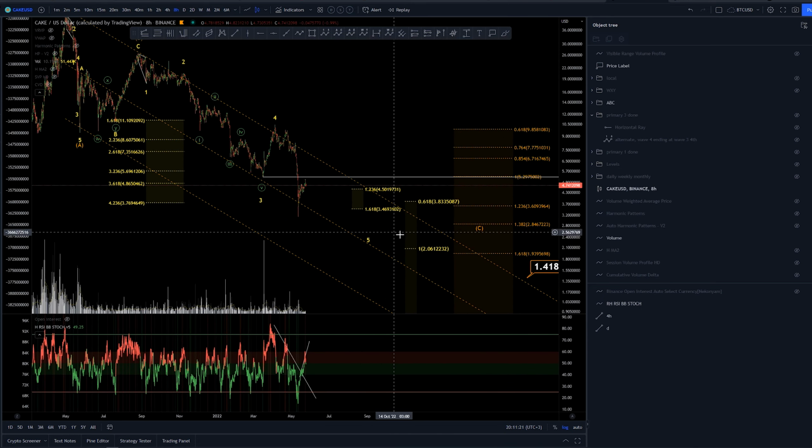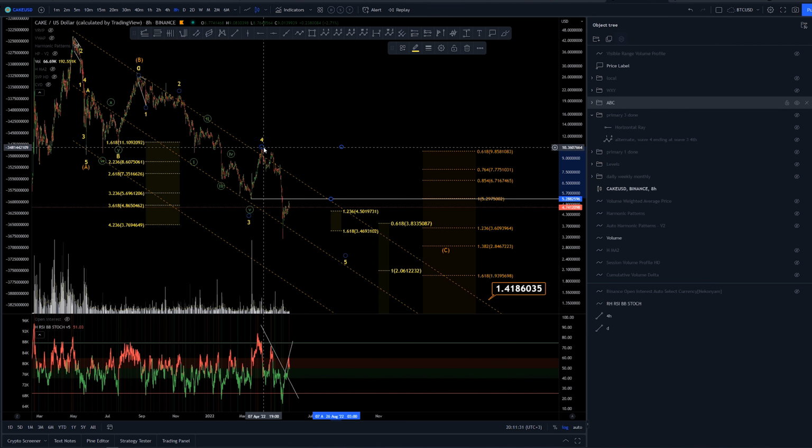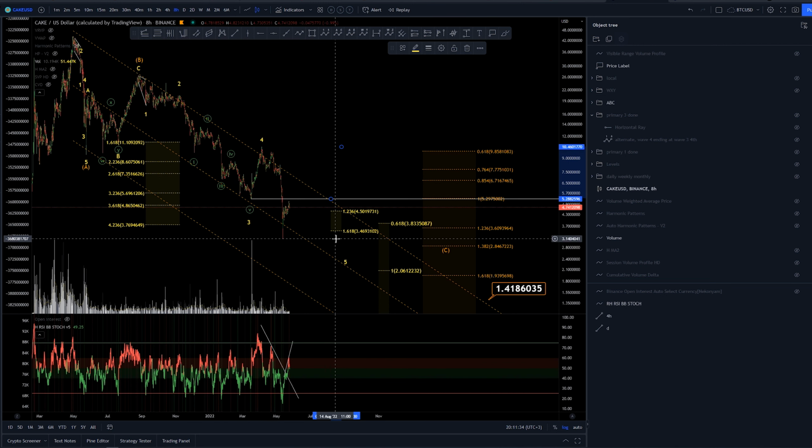Now we have a couple of different targets here, but the wave 3 extended so far that we really don't have too much of a target range. The target for wave 5 inverse of wave 4 has already been met and went through like butter down here, so this is really no use for us anymore.